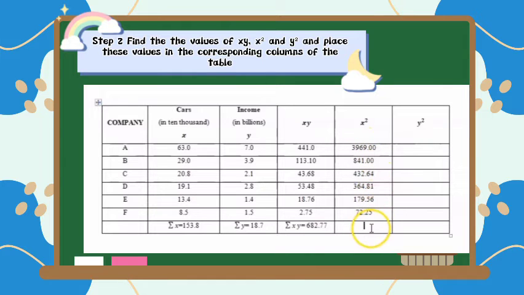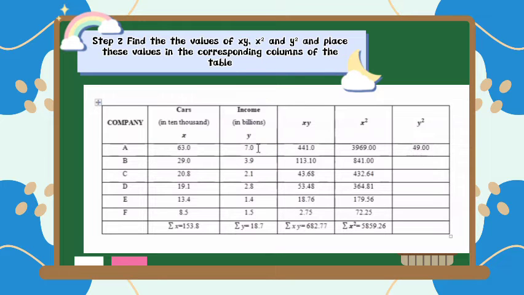To get the summation of x squared, add them all, and the result is 5,859.26.